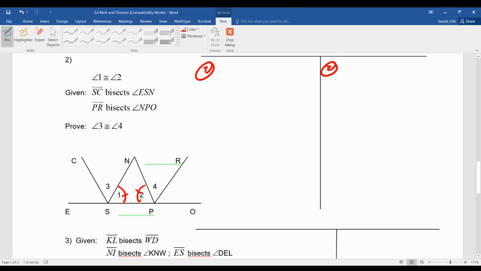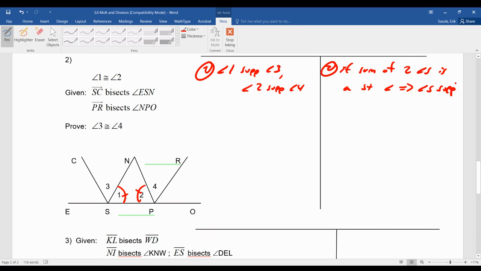Now, can I get these whole angles congruent? Of course I can. Remember, if the sum of two angles is a straight angle, then the angles are supplementary.